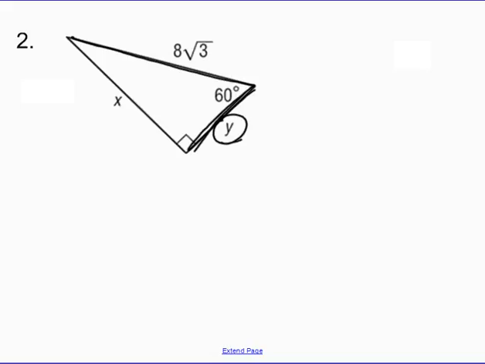The relationship between the short leg and the hypotenuse is that if you double the short leg, you'll get the hypotenuse. So if I doubled the short leg to get the hypotenuse, to go backwards, I'm going to cut the hypotenuse in half. So I need to take this 8 radical 3 and cut it in half.